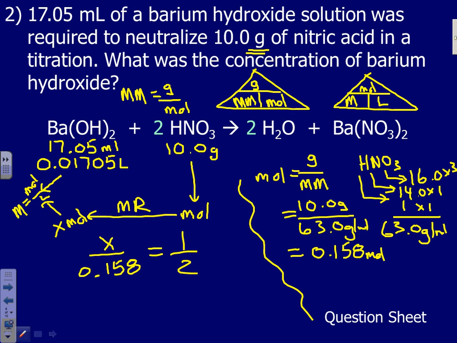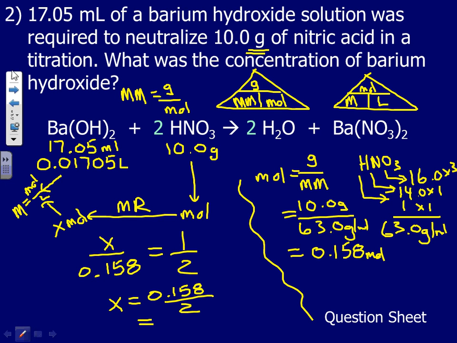X over the moles is 1 over 2. X is equal to 0.158 divided by 2. And I am not leaving myself a lot of room to finish this calculation on the slide. But anyway, we'll get it in. Oh, I wanted to move this thing. Move you. Nice.